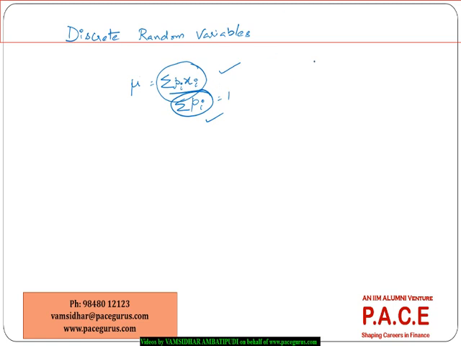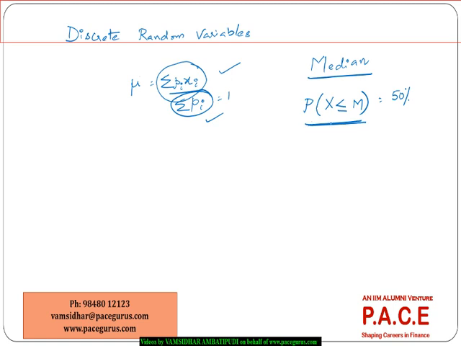And coming to the median for a discrete random variable, it is that particular value where the probability that a random variable is less than or equal to the median is exactly 50%. Which is nothing but the cumulative distribution.